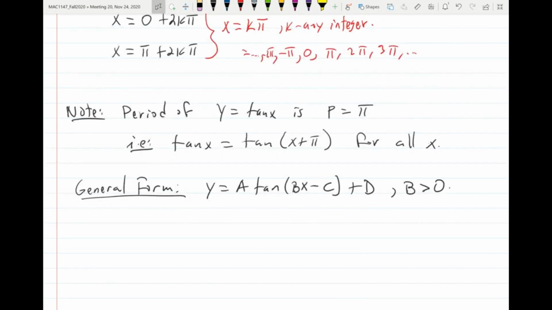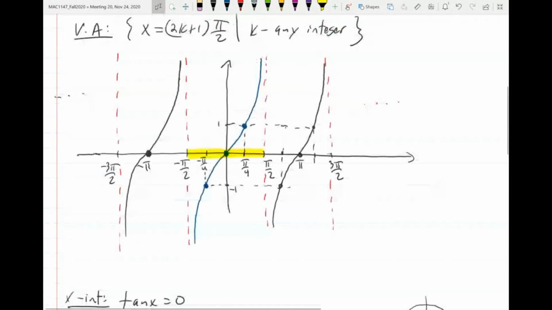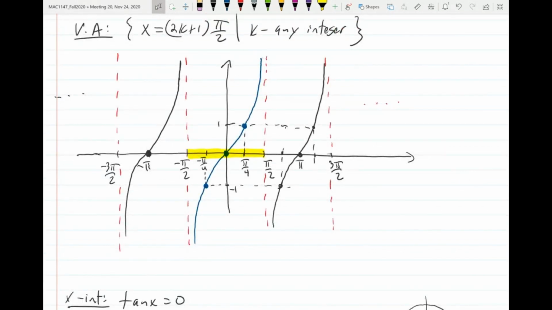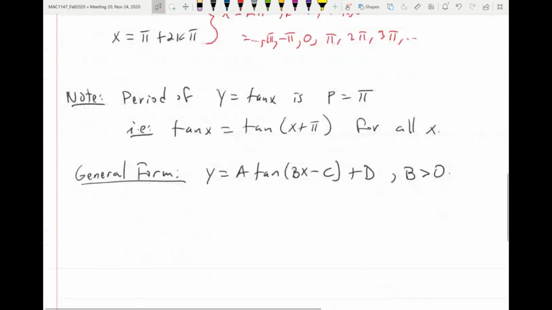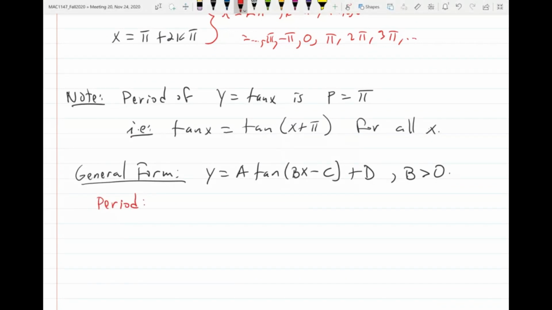So in this case, it doesn't really make sense to talk about the amplitude of the tangent, because the range is from negative infinity to positive infinity. But we do talk about the period of tangent, we do talk about the midline, and we do talk about the phase shift.